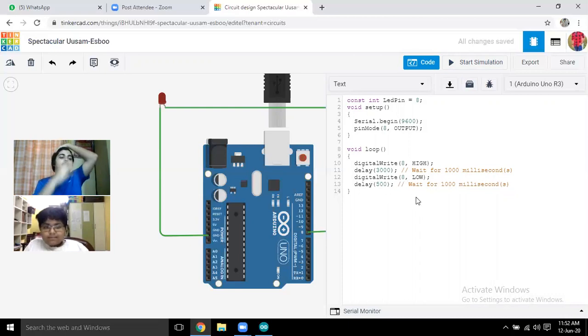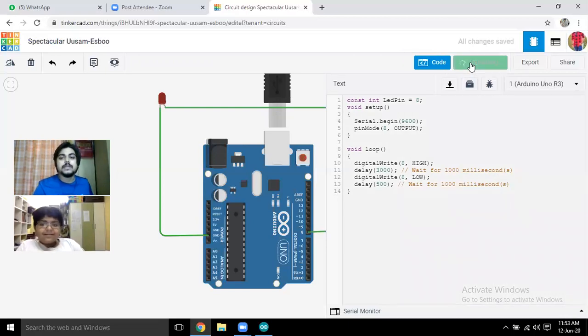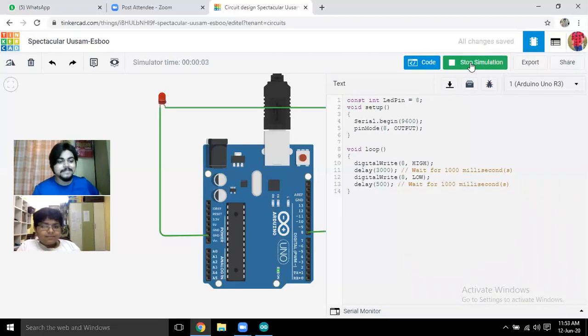500 milliseconds. That means half of a second. Start simulation. See, we can make it faster also. So what we are doing, we are just playing with the delay command.